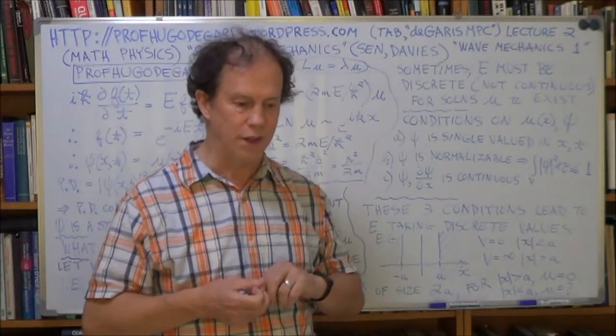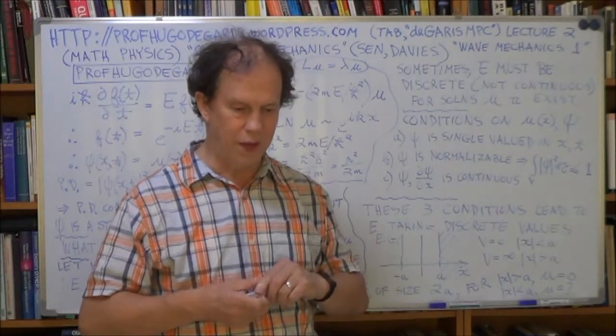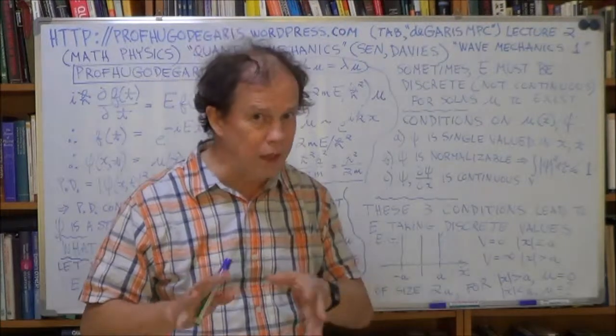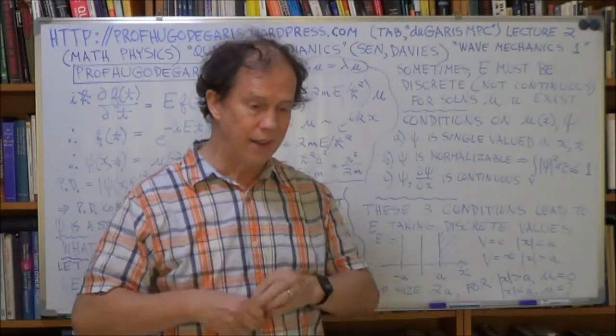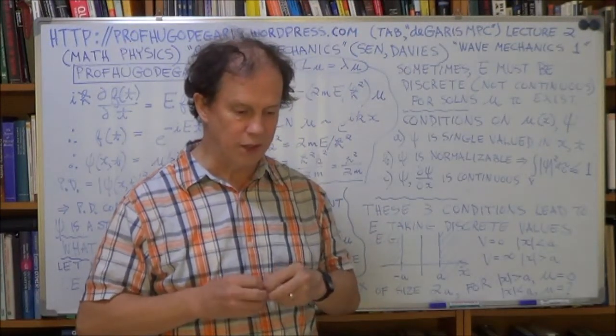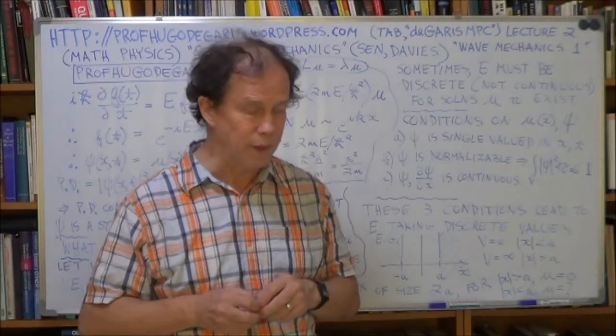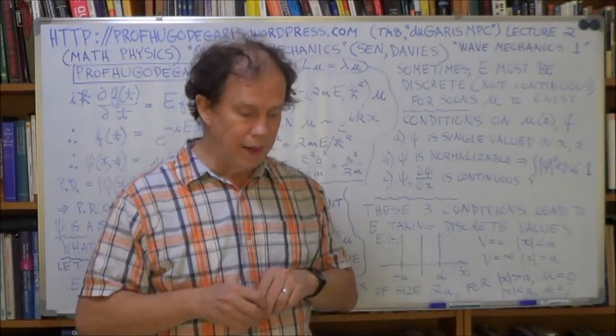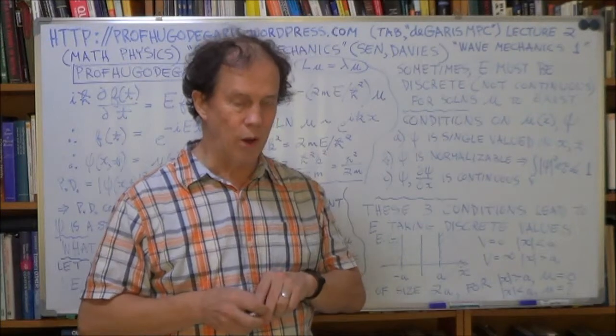What is this psi function? For Schrödinger, he had a somewhat de Broglie-like image in his head. For him, the wave function was some sort of physical thing as well, to some extent. Maybe not as strongly as de Broglie.